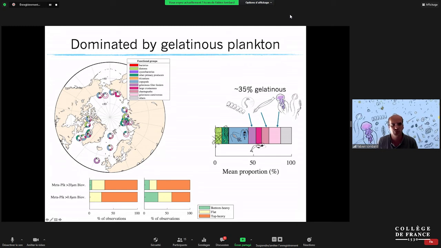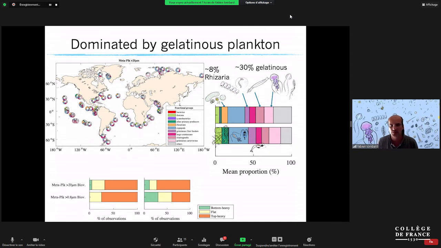It's much more those pinkish guys, which are basically filter feeders, tunicates that are filtering the seawater, or some levels of predators like chaetognaths or cnidarians and ctenophores that dominate about 30% of the total biovolume at that level.